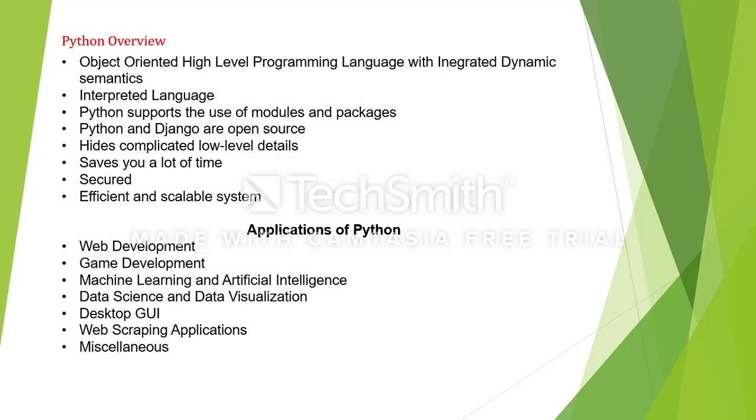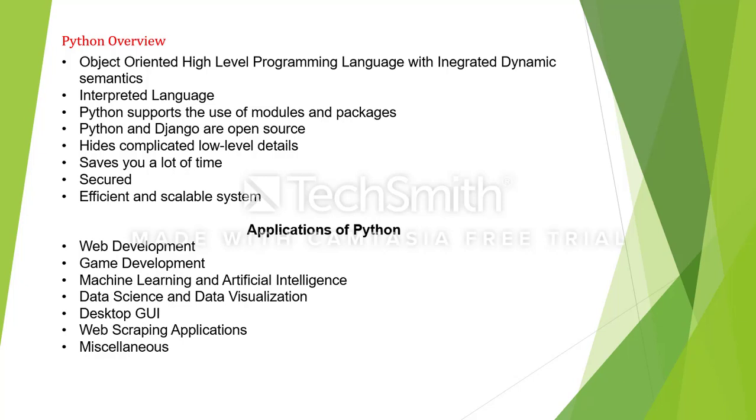It hides complicated low-level details, and it's so quick to develop applications in Python. That's why it's heavily used. It's secure and it's scalable also, because of its integration with other technologies, and it can be scaled very easily. We will cover that when we do the practical sessions.